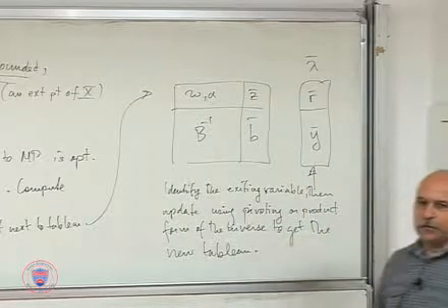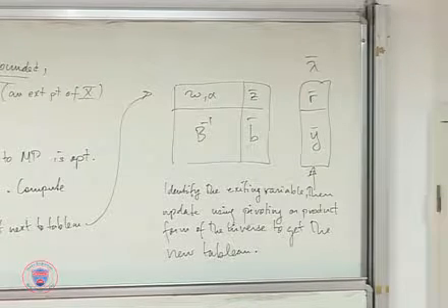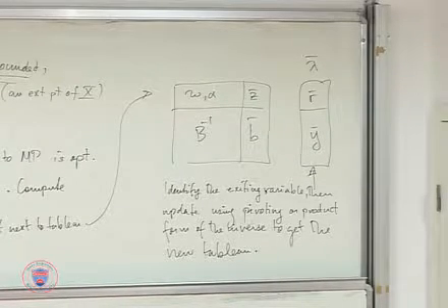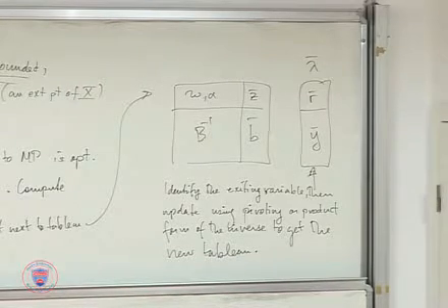So you get the new tableau either via pivoting or via product form of the inverse. Apparently, product form of the inverse gives you a lot of trouble, as far as I can tell from the exam papers. So use pivoting.